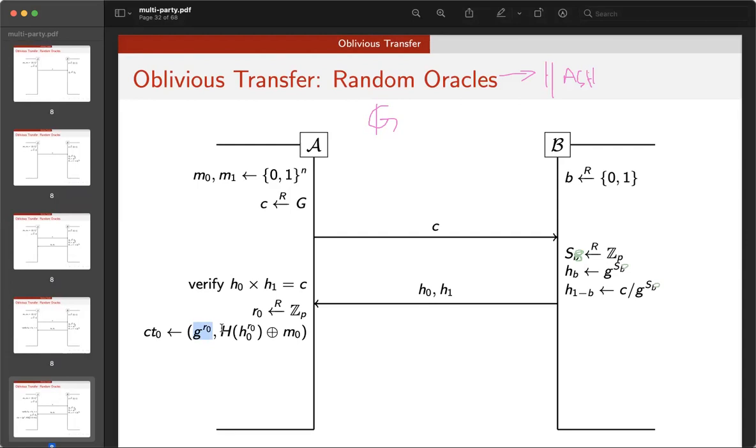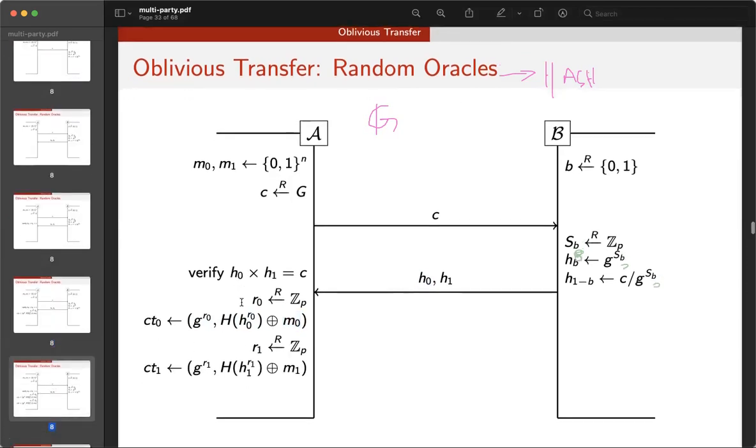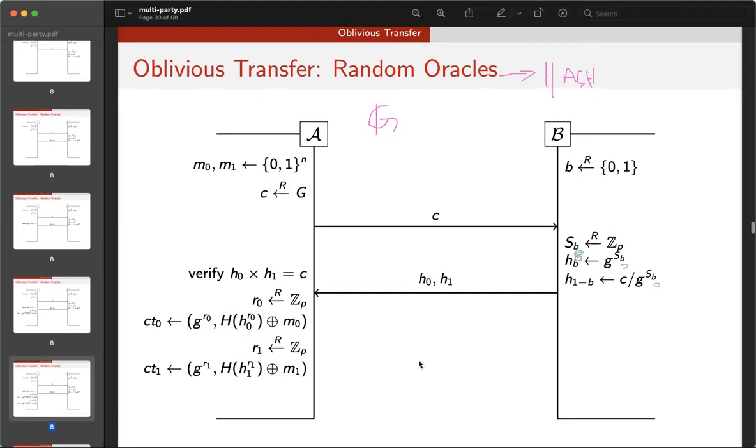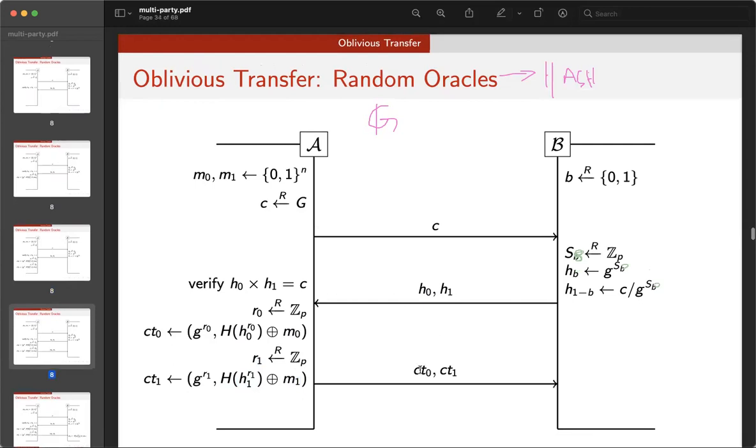The second part is Alice takes H0, raises H0 to R0, takes that hash value, and applies an exclusive OR to the message. Then Alice does the same thing for message 1. She samples another random value, computes another hash, and does another exclusive OR. Then she sends these two ciphertexts back to Bob.